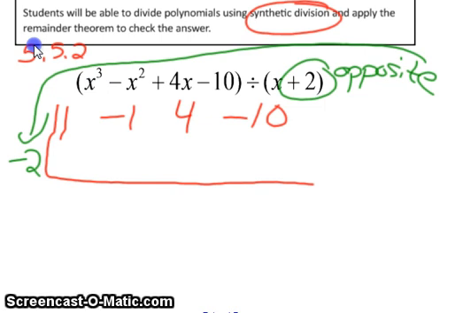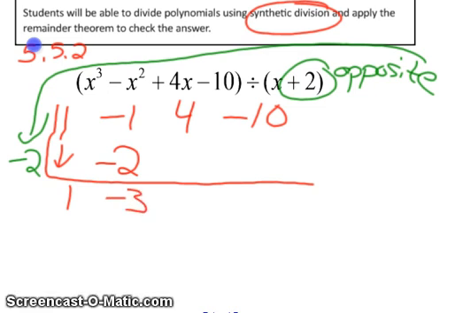All right, so I'm going to draw an arrow and bring down the 1. And then we're going to multiply, add, multiply, add, multiply, add. We're going to repeat that until we're done. My first multiply is 1 times -2, which is -2. And then we add -1 plus -2 is -3.